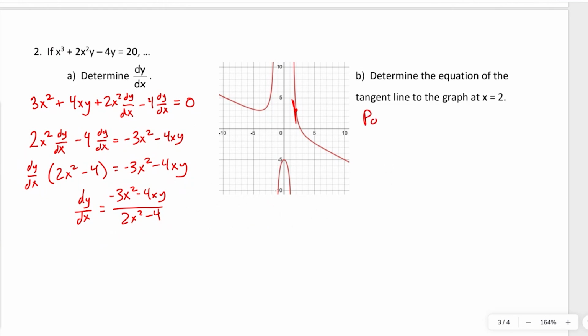Okay, so to get the tangent line, we need a point and we need a slope. The point is 2 comma something, and we can get that something by plugging in 2 to the original equation. So we have x is 2, so 2 cubed plus 2 times 2 squared y, minus 4y equals 20.